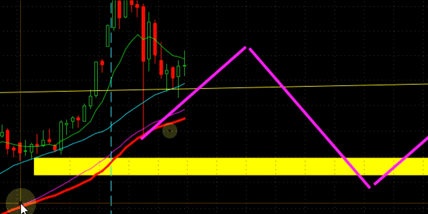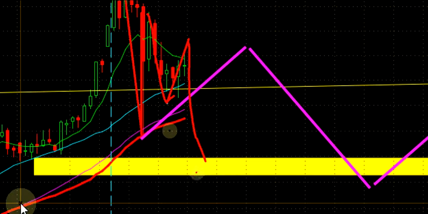So it could look like this is the first leg of the pullback. This is the bounce. Didn't do it right. And then you got something that looks like this, and it pulls back to here. So I drew that really poorly.